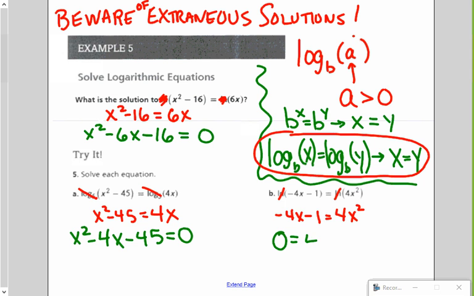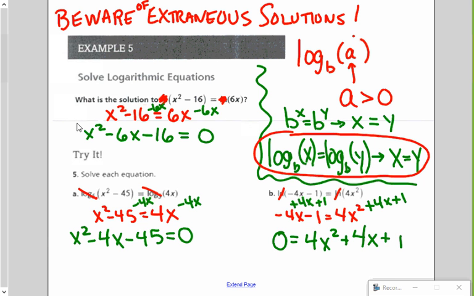I'm going to add the 4x over to the right and add the 1 over to the right. So here's what I did. Some of your middle school teachers might have written it out like that, where you go straight across and add or subtract what you're doing in order to get the equation to the next step.